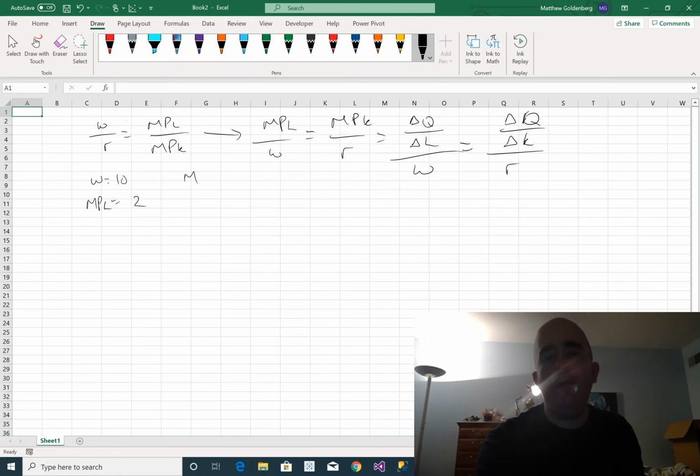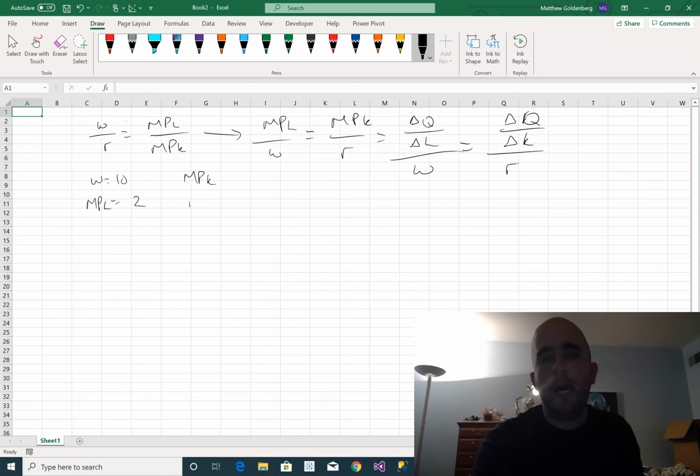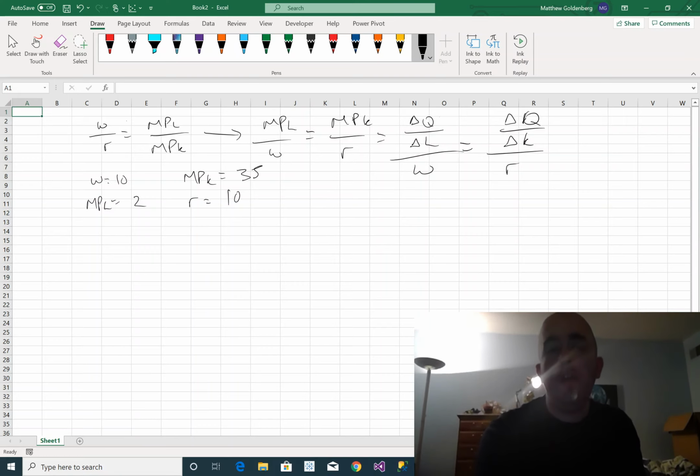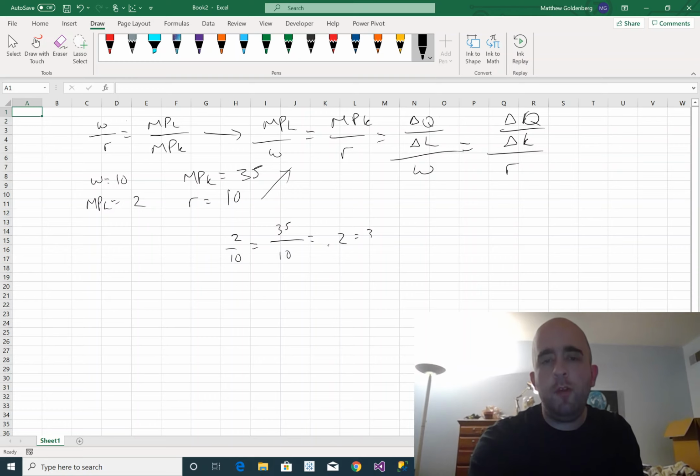We're renting capital per hour for $10, and that capital is producing 35 units of goods. So relating that to this, we get 2 over 10 is equal to 35 over 10, which is 0.2 versus 3.5.